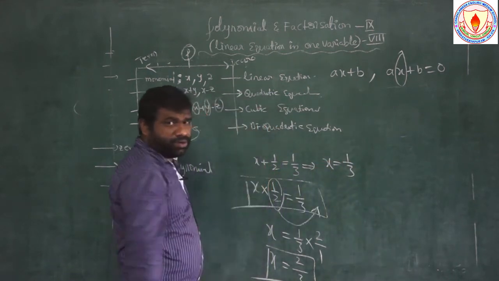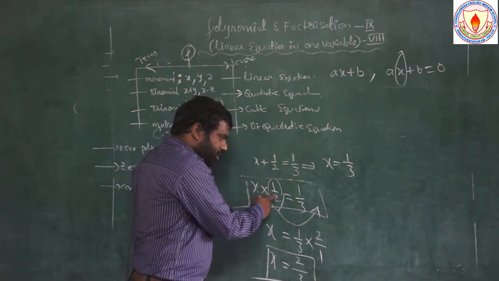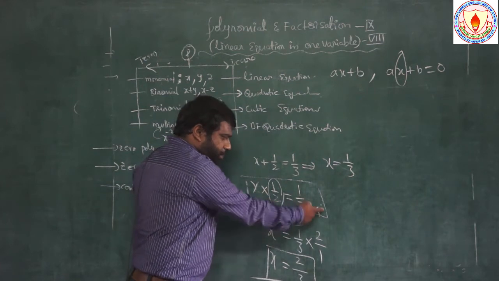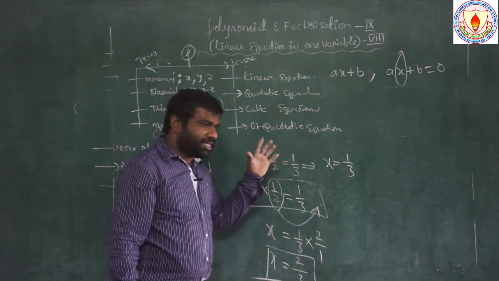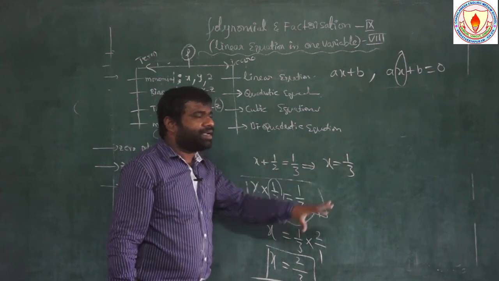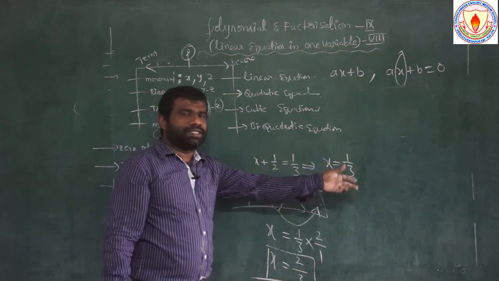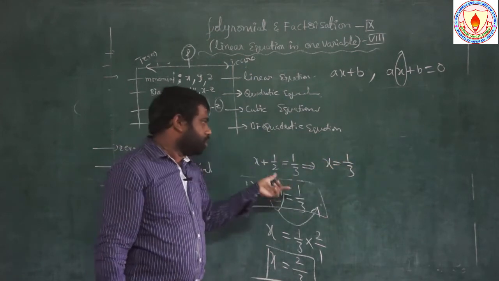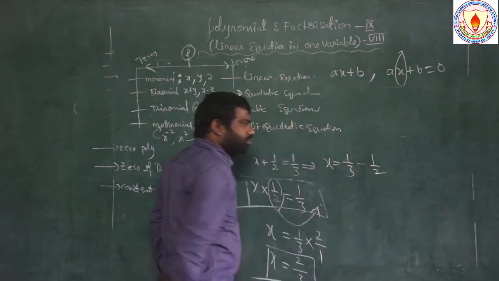Here plus 1 by 2, there minus 1 by 2. Whereas in multiplication there is reciprocal, here only the same value will be there but change the symbol. If it is plus, there minus. Here minus, there plus. So here plus 1 by 2, there minus 1 by 2.